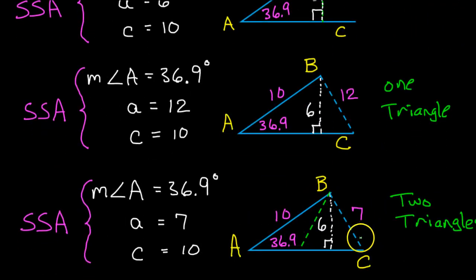But if the swinging side is somewhere between the length of the height and the length of the other side, if the length is between those two numbers, then that's when you can make two triangles out of it, and you will have two solutions. So watch the next video to see this in action.